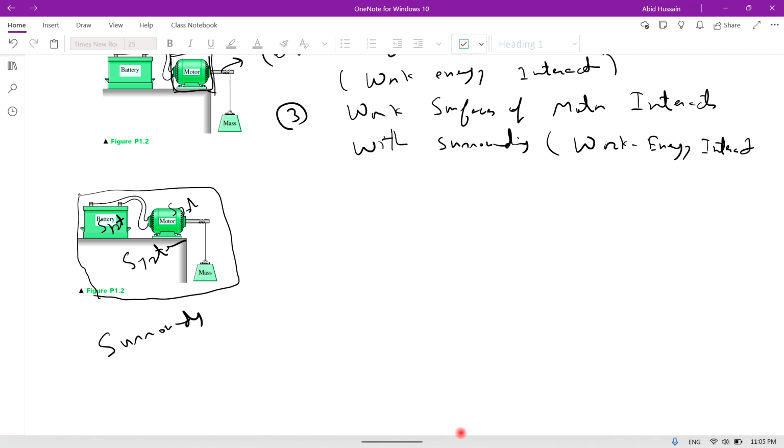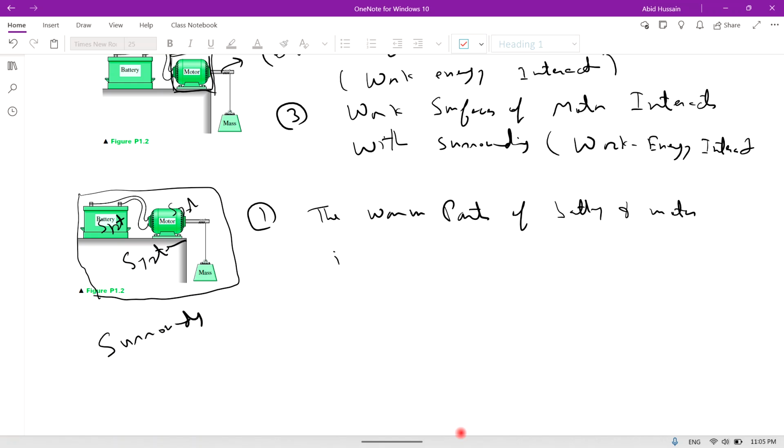Now one important thing: the interaction between system and surroundings is through the warm parts of the battery and motor.